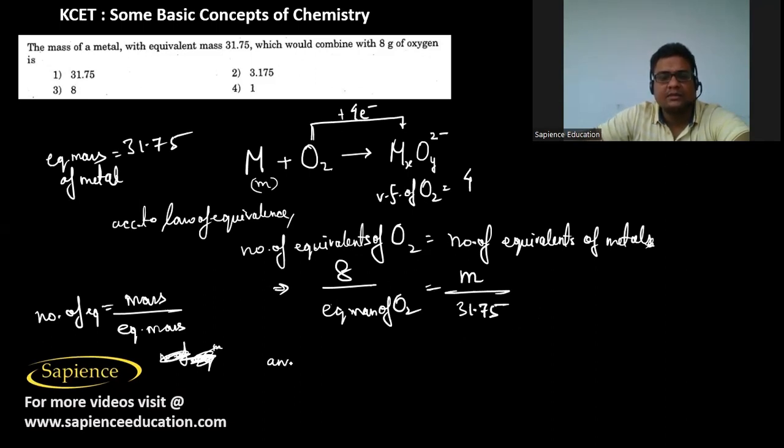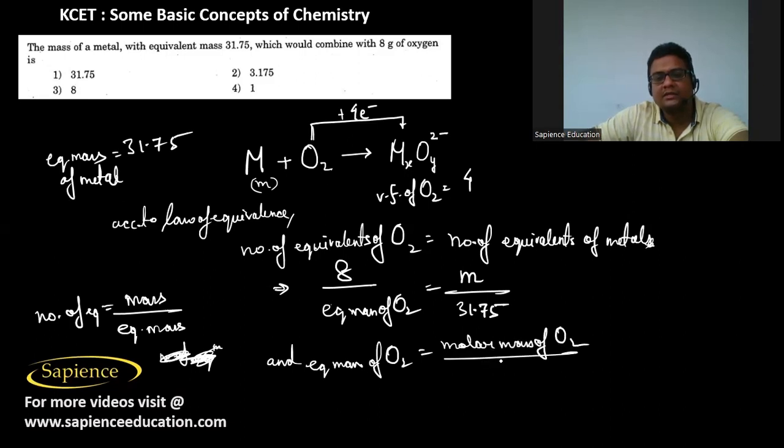Now the equivalent mass of oxygen will be equal to the molar mass of oxygen divided by the valency factor of oxygen, which is 4.